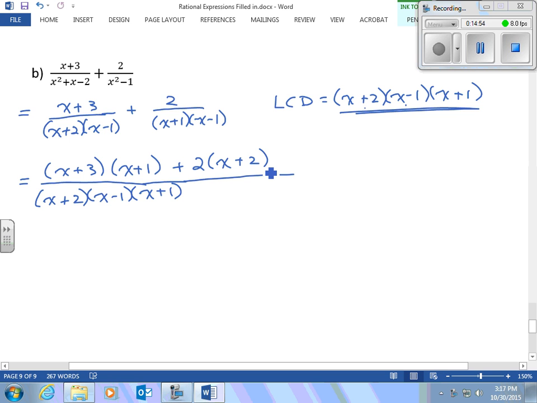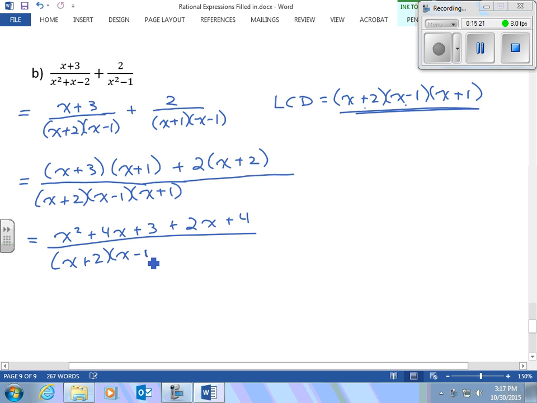Okay, so now I've got common denominators, so I can now multiply in the numerator. I'm going to just multiply through those brackets and simplify. So using the distributive property, I'm going to have x squared plus 4x plus 3 from the first two multiplications there, plus 2x plus 4, all over x plus 2, x minus 1, x plus 1.